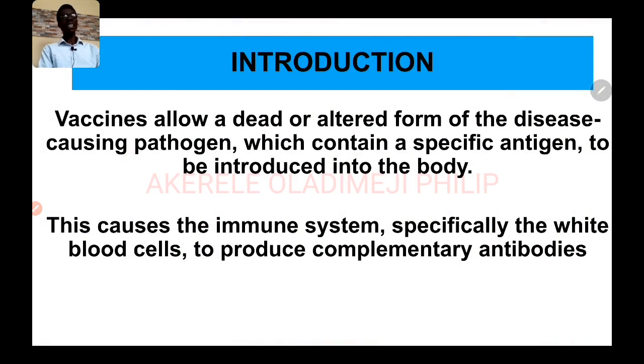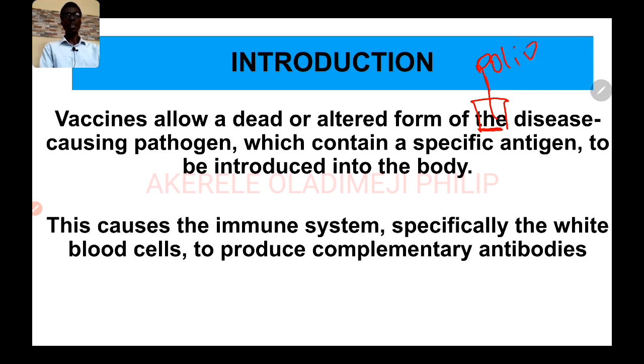Now, a vaccine, which is the chemical that will be used to bring about vaccination, allows a dead or altered form of the disease-causing pathogen. Now, the article "the" means that you're being specific. You're referring to a particular disease. For example, let's say I'm referring to polio.